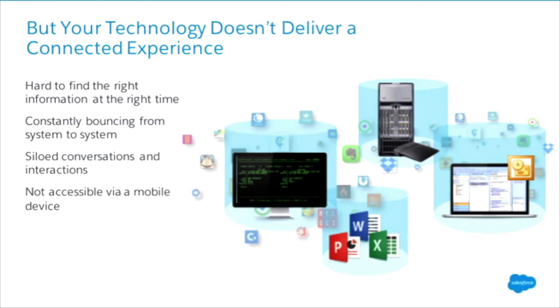Instead, they're constantly bouncing from system to system and in between apps to get work done. Employees expect open, transparent, and efficient collaboration, and in reality, the conversations are siloed, and therefore they're having the same conversations over and over again, or they're left out altogether. And employees expect to be mobile, but systems are not accessible via a mobile device, and productivity suffers.